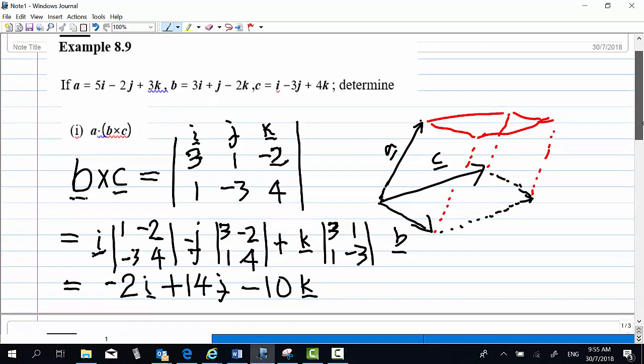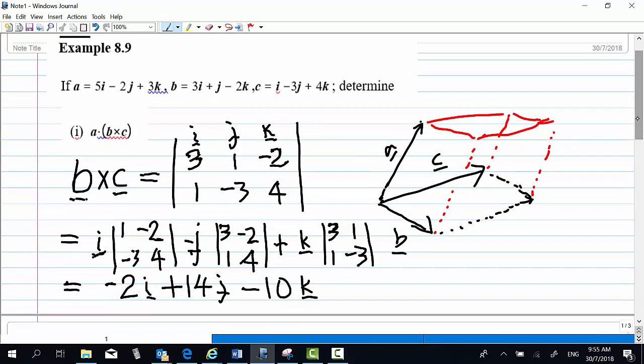First of all, B cross C is a determinant with ijk on the first row, B, which is 3, 1, minus 2 on the second row, and C, which is 1, minus 3, 4 on the third row.